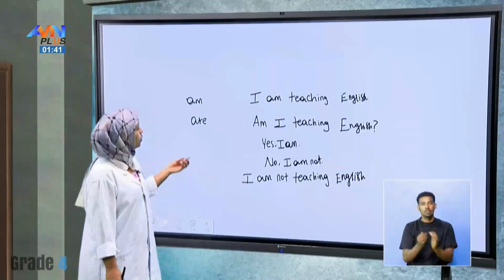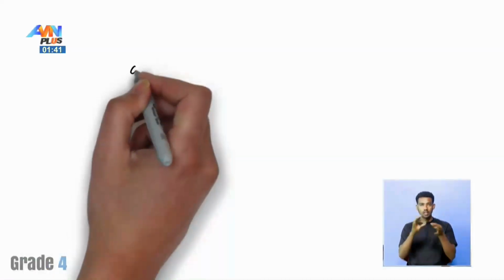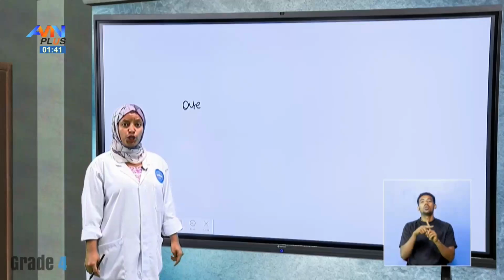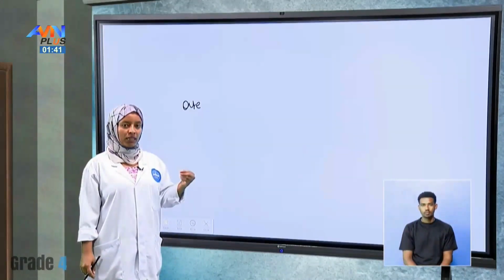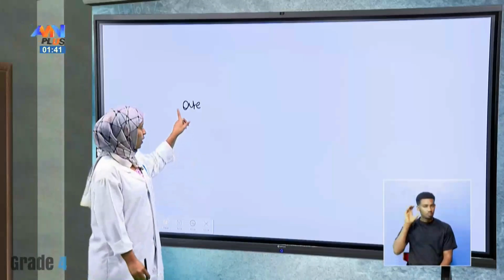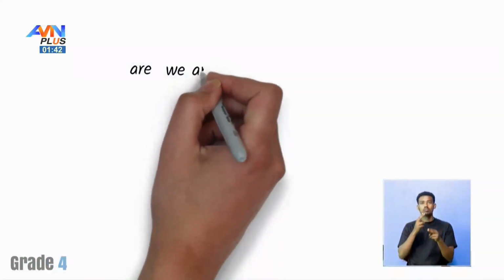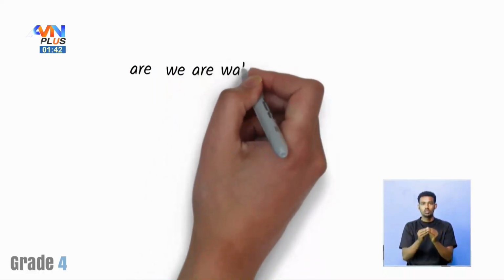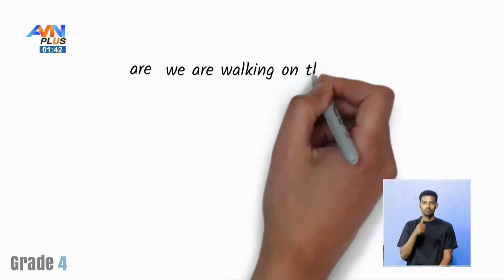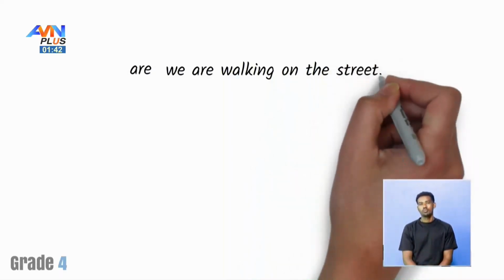And also we can use are in a sentence, question, negative, and interrogative. So here is are. So let us mention one subject, but it must be plural, by using are. So we are walking on the street.